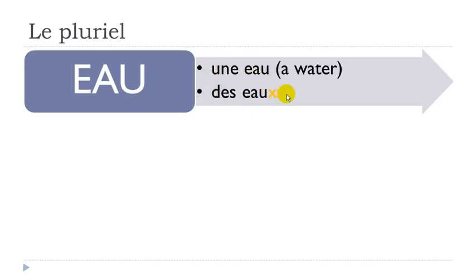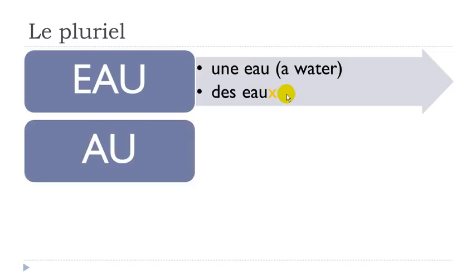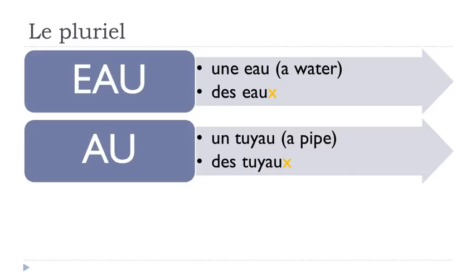All right. Second group, words ending with a, u. Here is an example: un tuyau. Same rule here. You won't add s at the end, but instead of s you will put x. Des tuyaux. Same rule, you don't pronounce it. Un tuyau, des tuyaux.